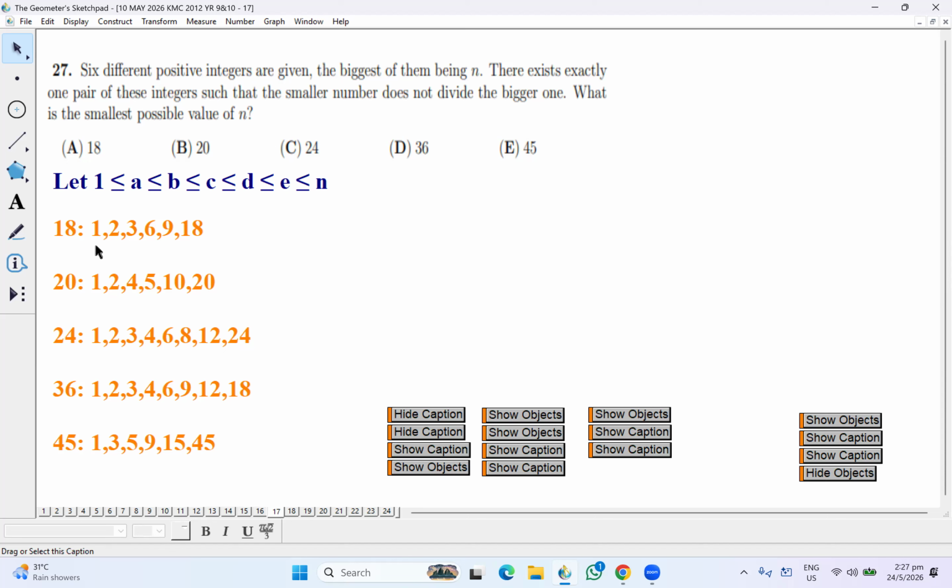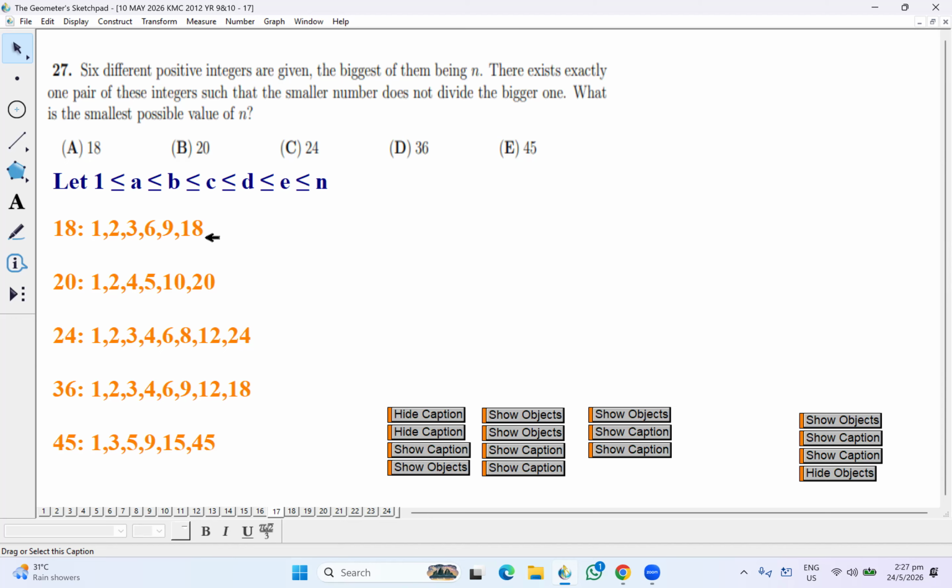Like 1 divides 2, 1 divides 3, 1 divides 6, 9, 18. 2 cannot divide 3, can divide 6, cannot divide 9. So 18 is definitely not the answer because it has only 6 factors.